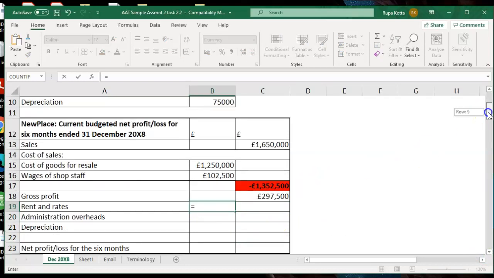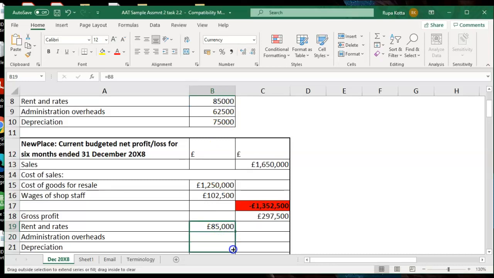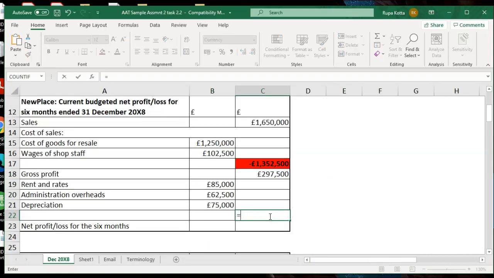Rent and rates, administration overhead, and depreciation. So rent and rates. If you drag this down, the other two items should also get copied. Yep. Now do the sum of all these three items, equal to minus sum of B19 to B21.